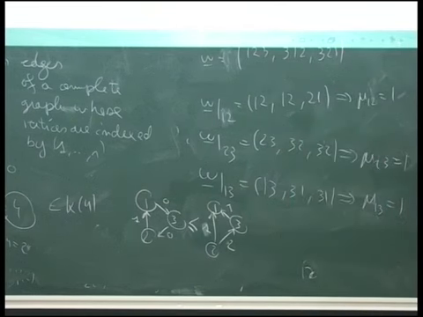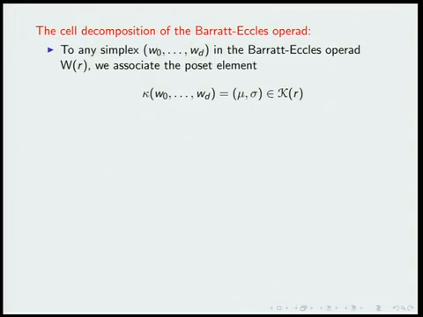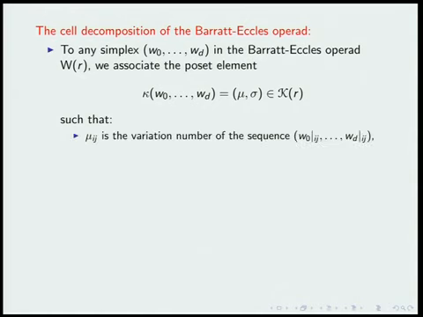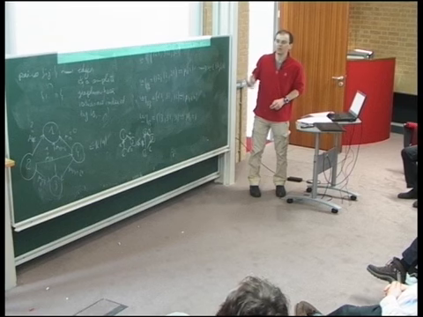Okay. And so to each simplex, W0, WD, I can associate an element in this poset. So this is pretty simple. I'm just using this construction. So mu ij is the variation number of the restriction of the sequence W0, WD to ij. And sigma is the last component of this permutation tuple.